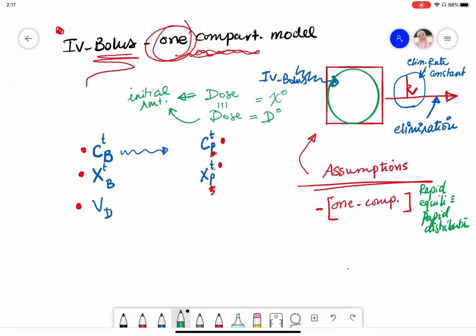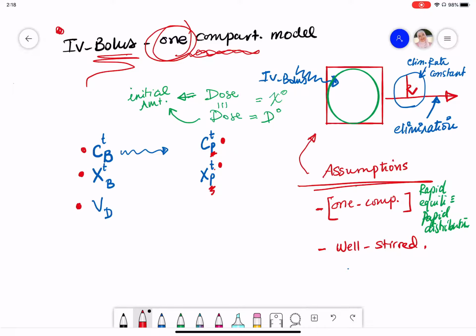Okay, we have another assumption: the compartment, we call it a well stirred compartment, or the model is a well stirred model, or the drug is mixed instantaneously in the systemic circulation.